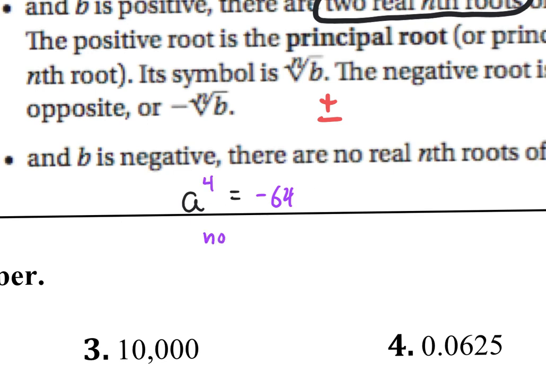This would be no real. We could find the complex root, but we also don't want to overcomplicate it, because the square root of i gets even more complicated. So whenever this is even, but over here is negative, we just stop and say no real. It won't go further.